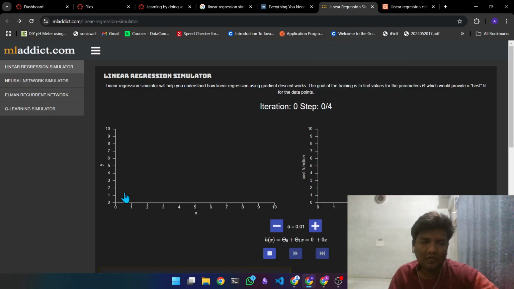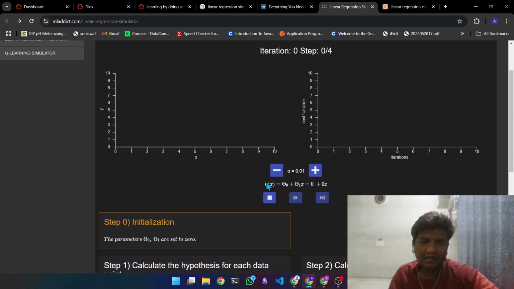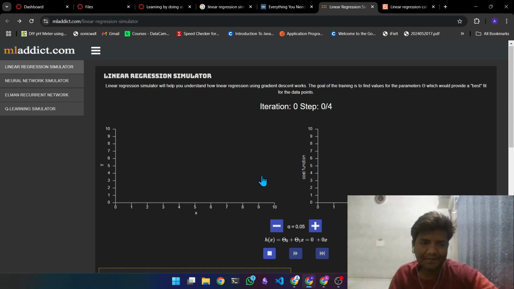And over here, we will put the x and y values. Here is the equation that we have, and here is the value of alpha. You can see this is constant. The max value is, I believe, 0.9. So let's just leave it at 0.5.